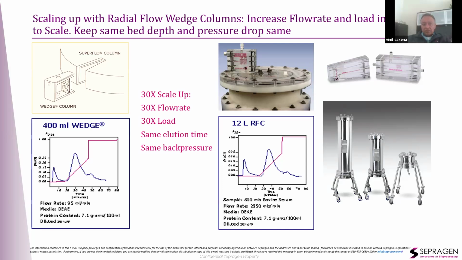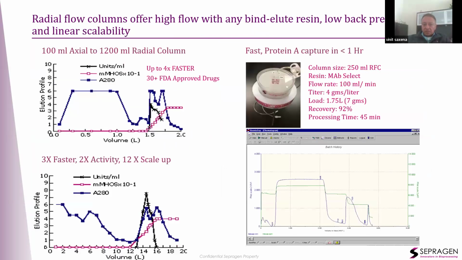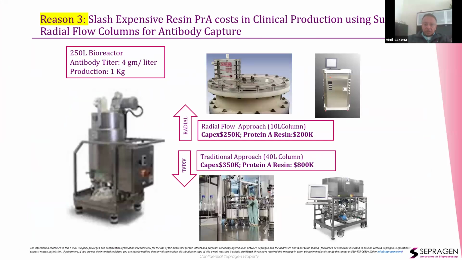So no change in pressure drop, and the flow rate can be seamlessly increased in proportion to the scale. And the separation time, the cycle time is the same. So here's that example that we had shared with you earlier, and it speaks to the same thing on scalability.